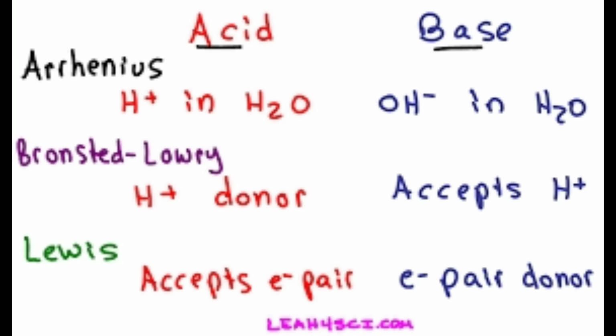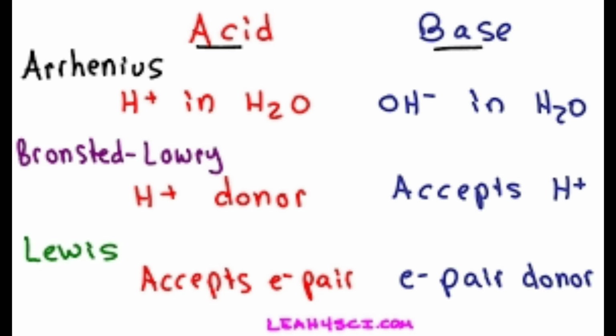We have seen the three theories of acids and bases. First is Arrhenius, second Bronsted-Lowry, third the Lewis theory. According to Arrhenius theory, acids contain H+ ion in dilute solution, and bases contain OH- ion in water.